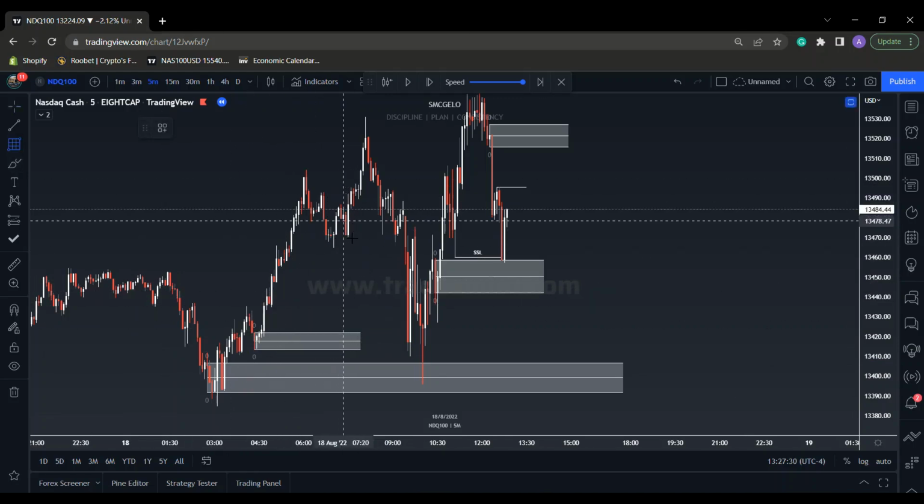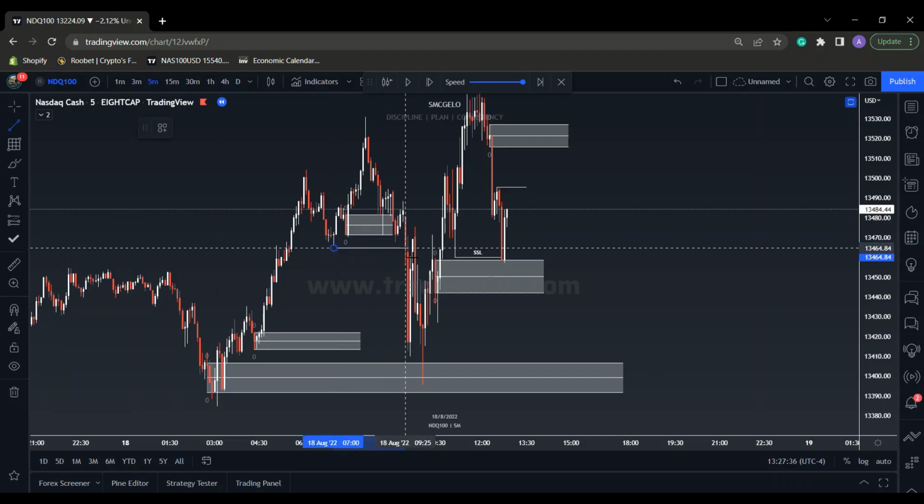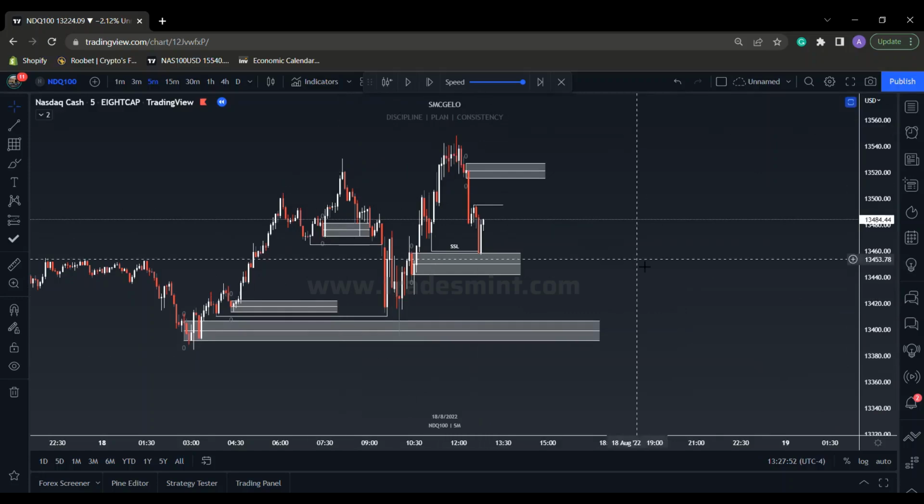I don't know why they would from here. As you can see, liquidity sitting below it. Liquidity gets swept, taps into the real level of demand, and then shoots up.